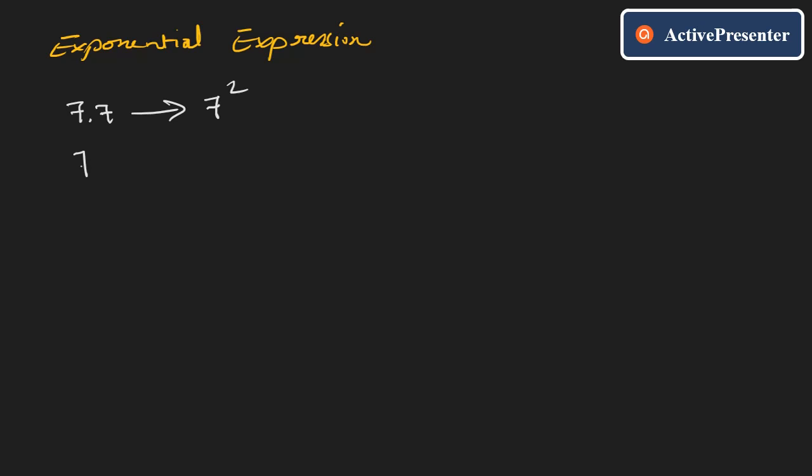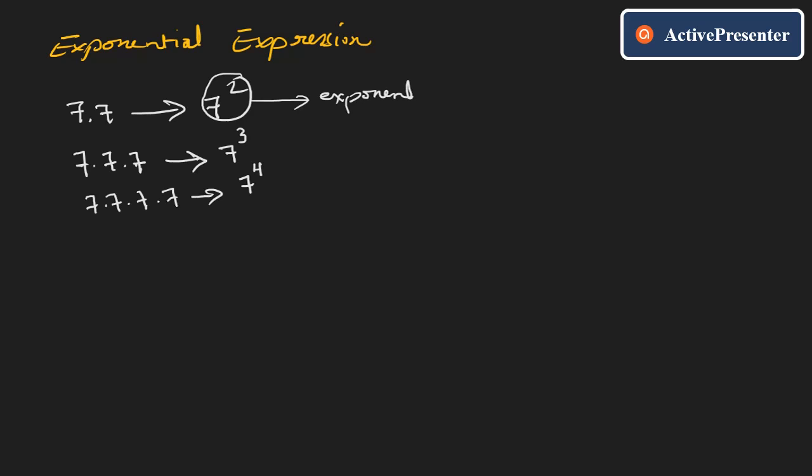If I change, for example, 7 multiplied in 7 multiplied in 7, it can be written as 7 cube. 7 multiplied in 7 multiplied in 7 multiplied in 7 can be written as 7 to the power 4. This is known as the exponential notation.